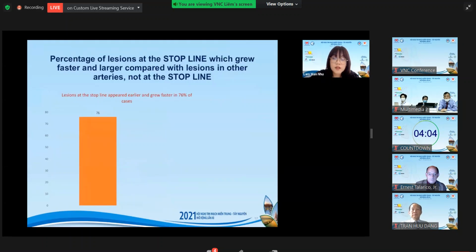Comparing the lesions at the stop line of each patient with the lesions in the two other coronary arteries, the lesions at the stop line appeared earlier and grew faster or became more severe in 76% of cases, which means about 38 of 50 patients.